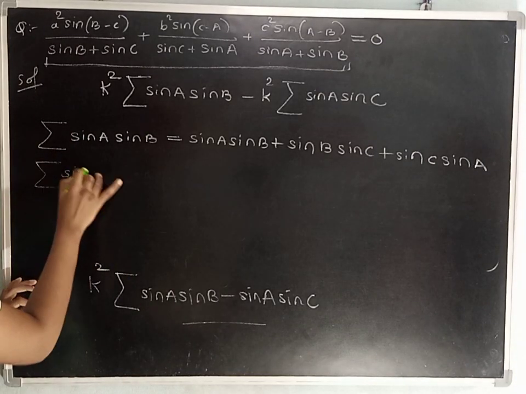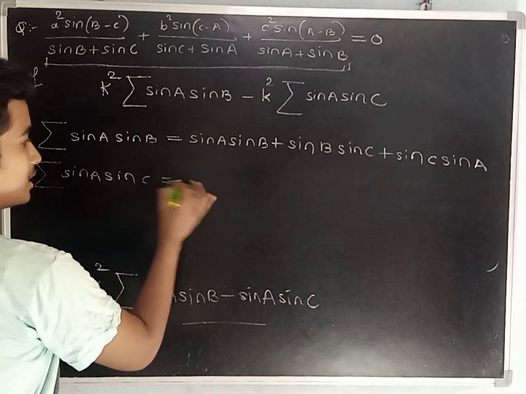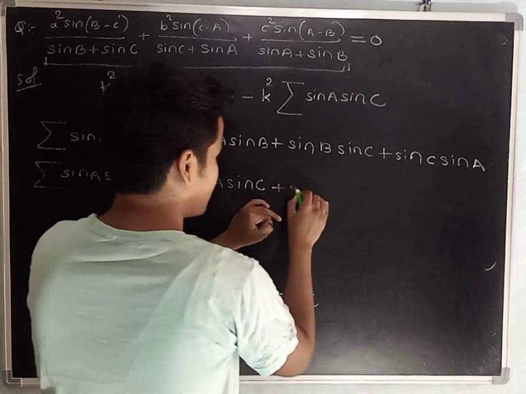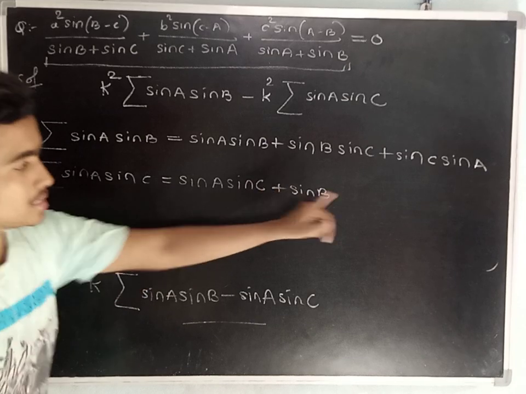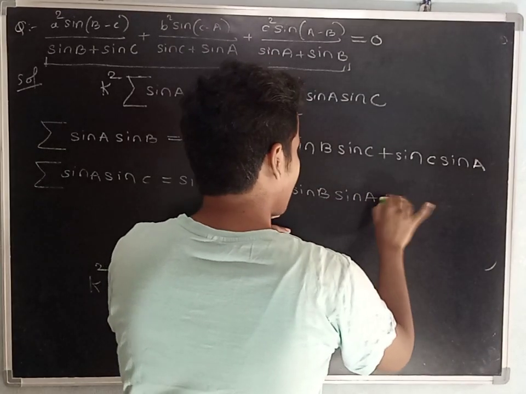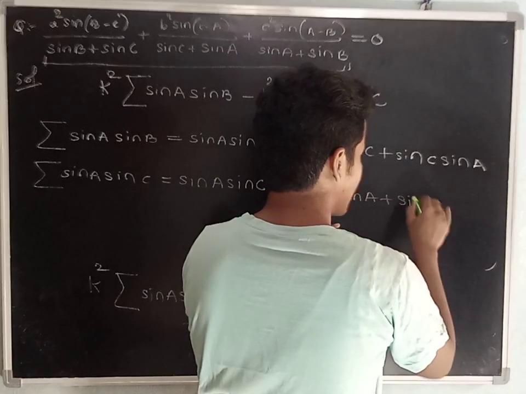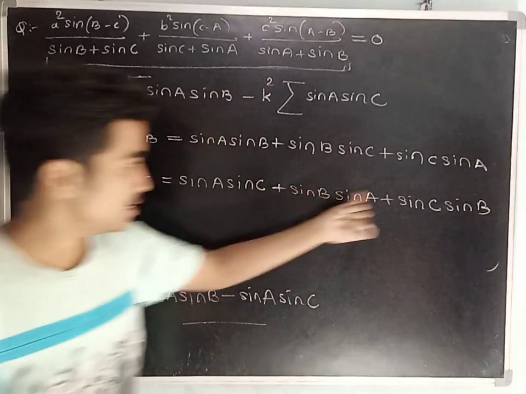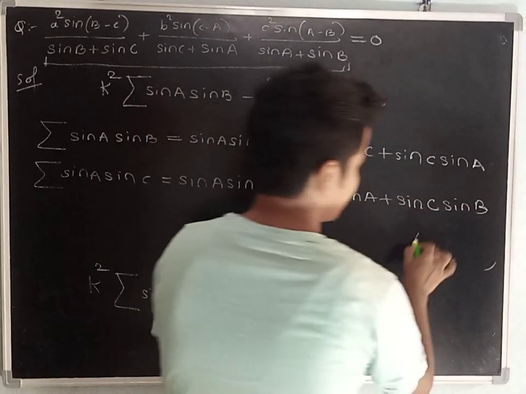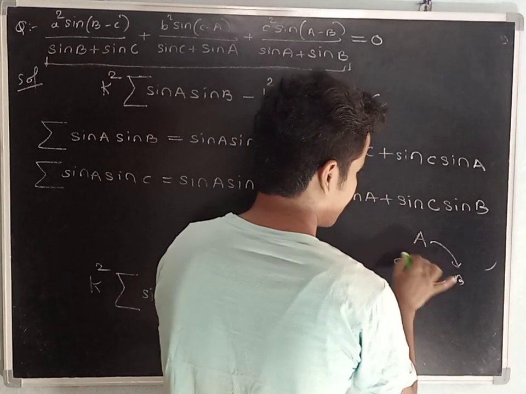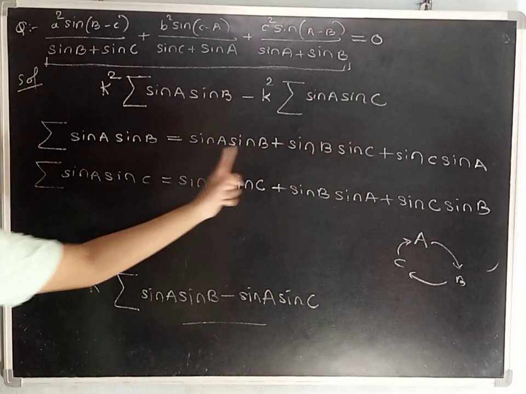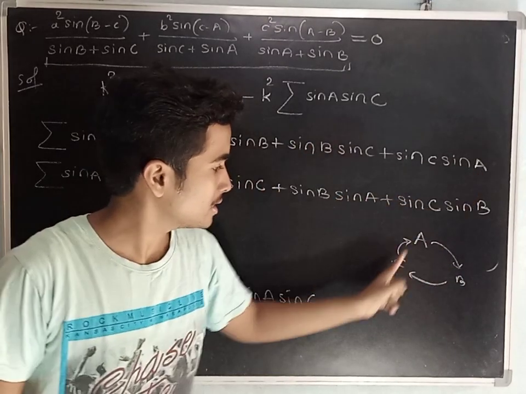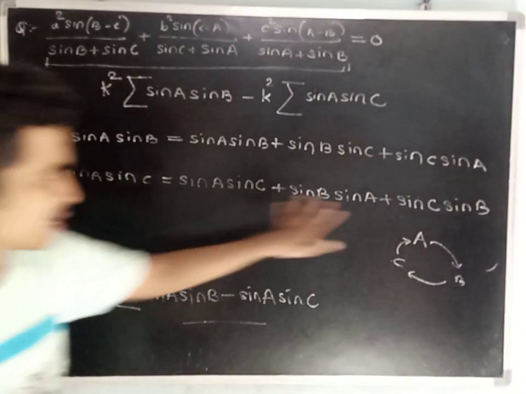Sigma sin A sin C: let me put the first term the same, plus after A we are going to get sin B, then sin C again, sin A sin B, sin B sin C, sin C sin A. The same rule I have applied here: A to B, B to C, C to A. The same thing I have applied for this also.